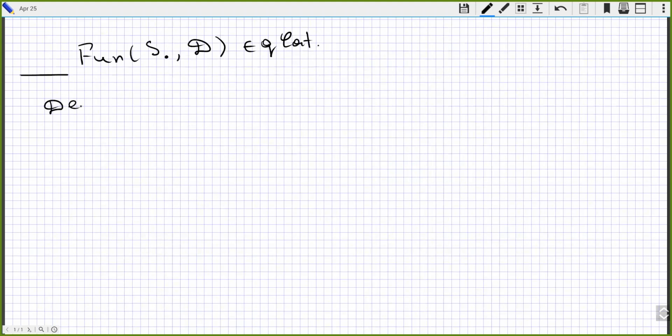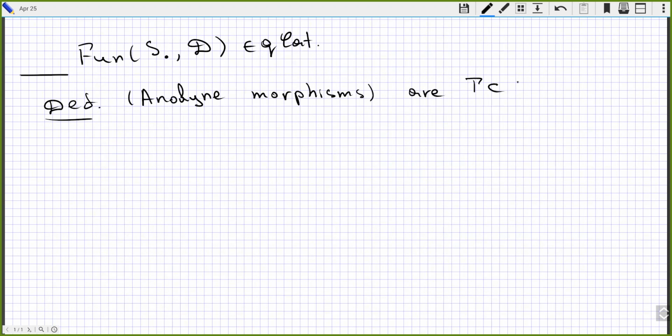So let's define also endomorphisms, which will be a part of the data for the model category of Kan complexes, I believe. And it's defined like so.